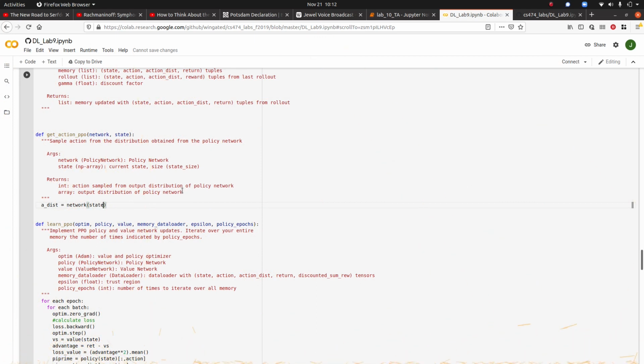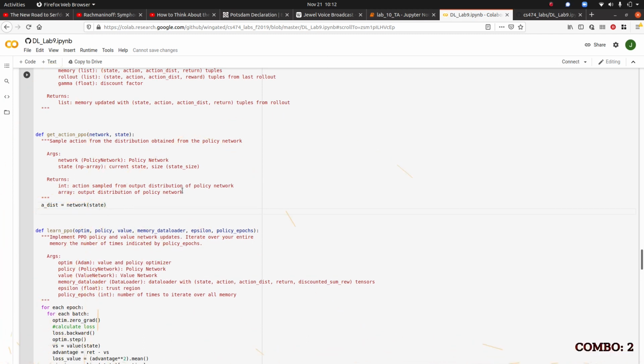You'll have to figure out if state is in the right shape or not. And then the specific action that we want is going to come from multinomial on the action distribution. Now look up the documentation for this, because I intentionally have not done the parameter list right. I want you to go look up the parameters yourself.